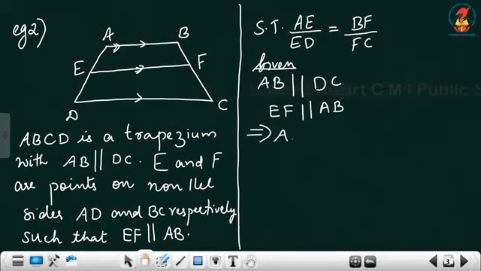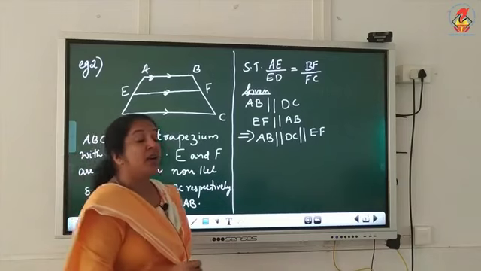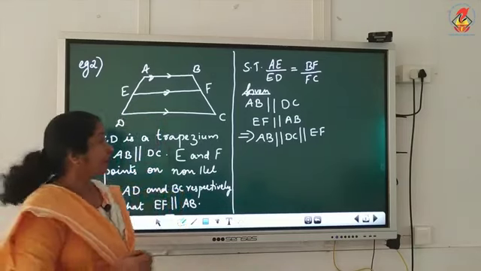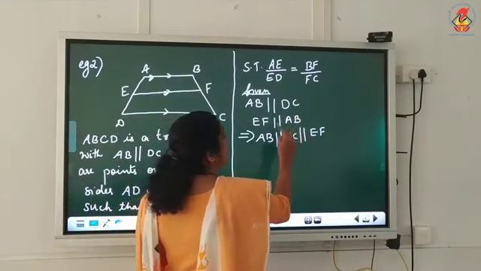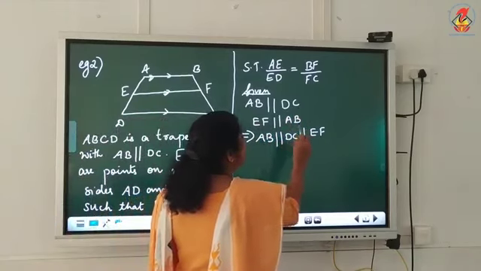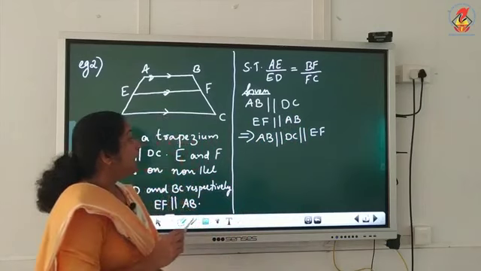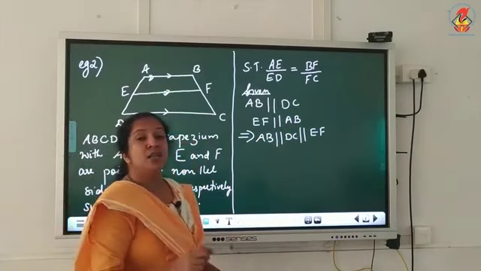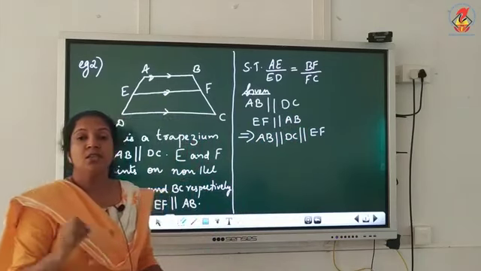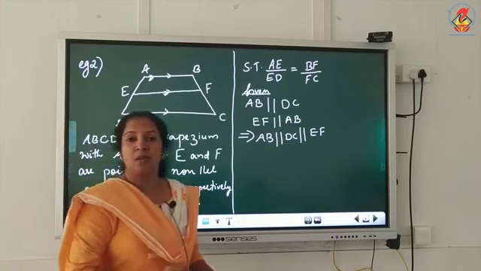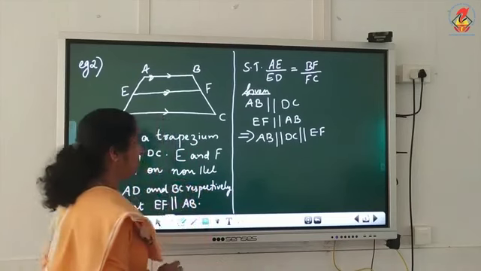This means that AB is parallel to DC parallel to EF, using the result: two lines which are parallel to the same line are parallel to each other. AB parallel to DC and EF parallel to AB implies AB parallel to DC parallel to EF. The reason is, two lines which are parallel to the same line are parallel to each other.